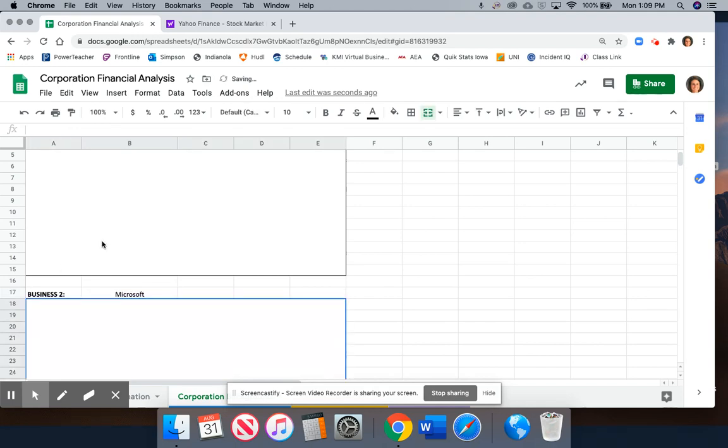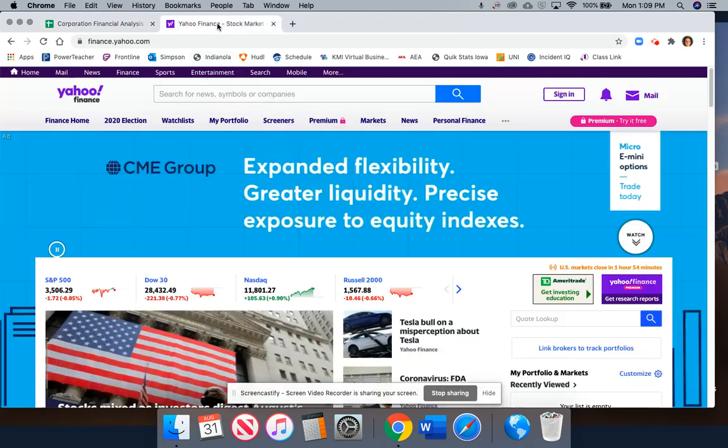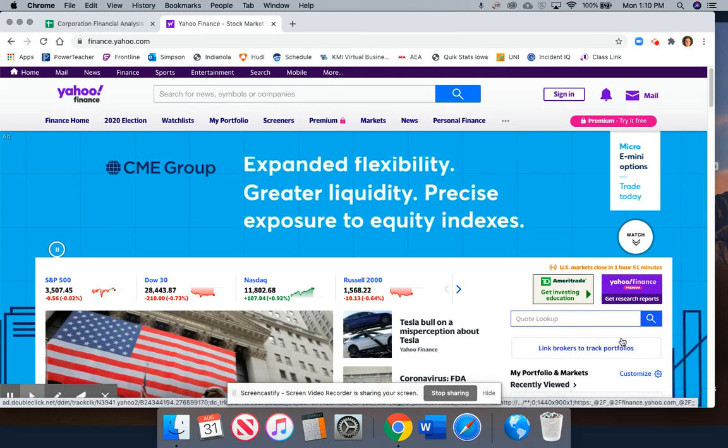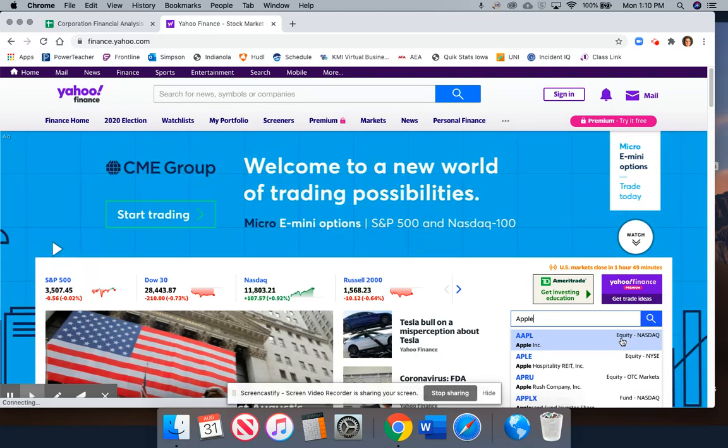And I'm going to go through how you'll find information to complete this document using Yahoo Finance. So in Yahoo Finance, you'll need to use this quote lookup. And I'm going to first just type in Apple. Something of note, if you are looking for a company like my favorite fast food restaurant, A&W, it is actually owned by another company.